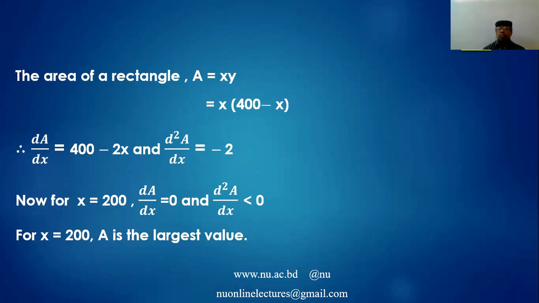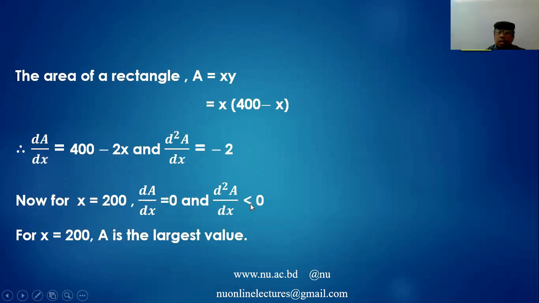So for maximum minima, the first derivative should be 0. That is 400 minus 2x should be 0. So x equal to 200. So for x equal to 200, dA/dx equal to 0. And as we know, the second derivative, d square A by dx square, is minus 2.